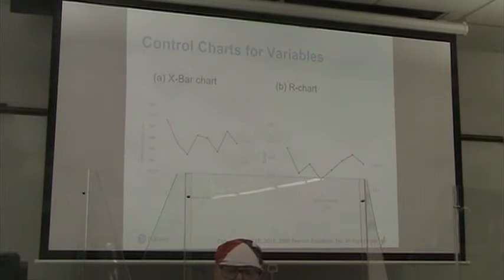All right, so here we go with an X bar chart in type A, where we take a sample, we average the measurements, and we record that for each one. So sample number 1 right there, sample number 2, number 3, and so on down the line.